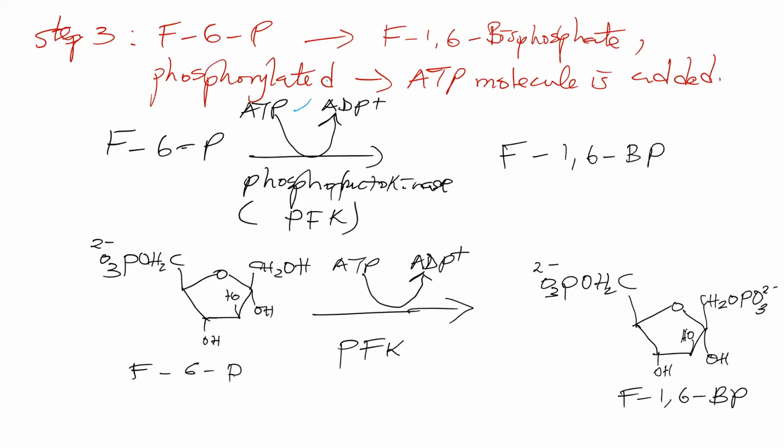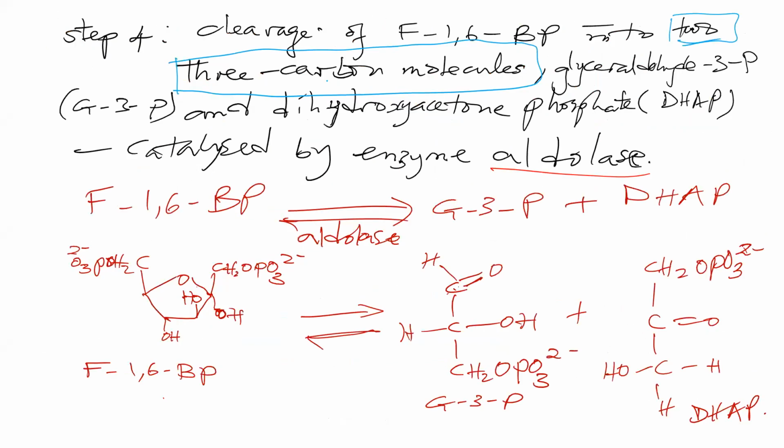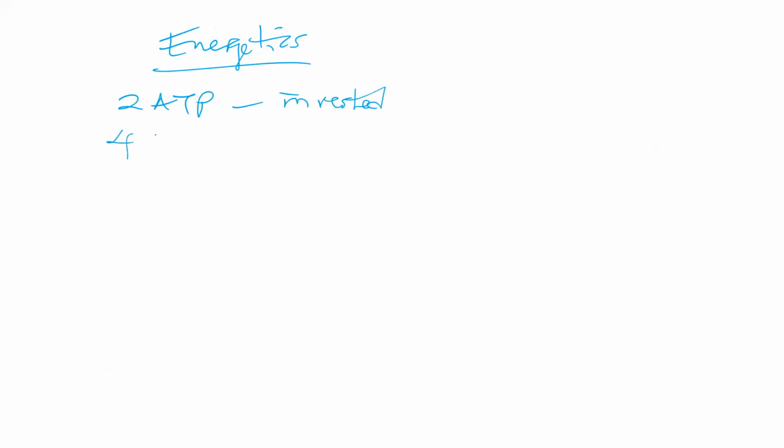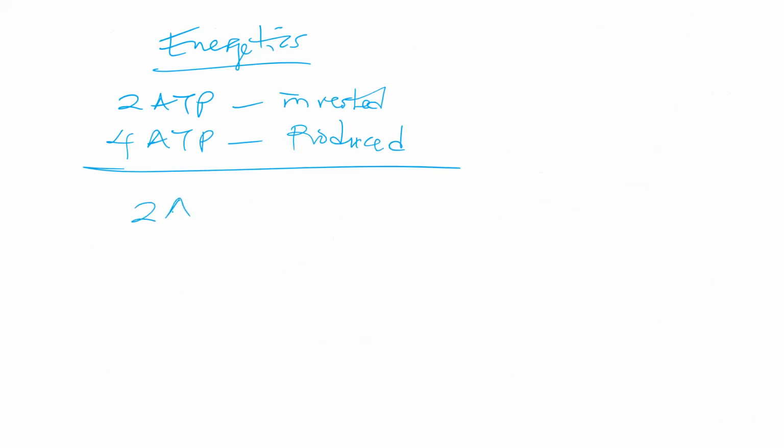So we invested 2 ATP molecules, but we produced 4 ATP, meaning that for every cycle of glycolysis, the net gain is 2 ATP.